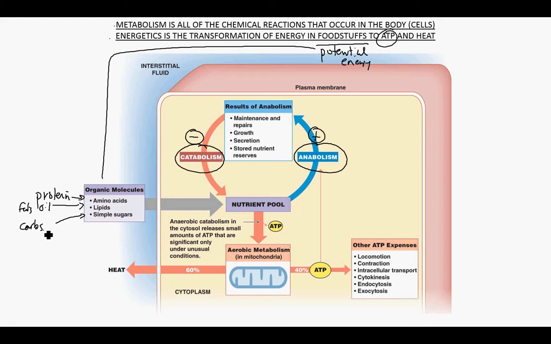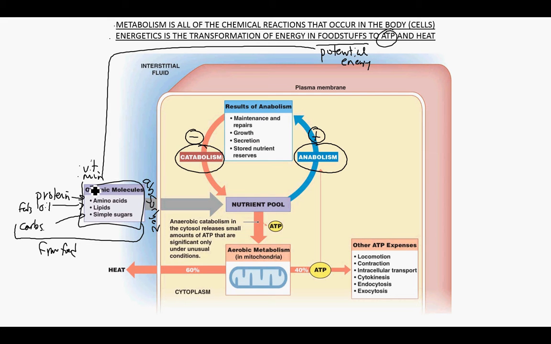So those organic molecules are the things that go into the cells, right? So these are absorbed in the bloodstream and then transported into the cells of the body. So these organic molecules come from food we eat. Also included in here are things like vitamins and minerals, right? But these are the primary things that we want to focus on here.